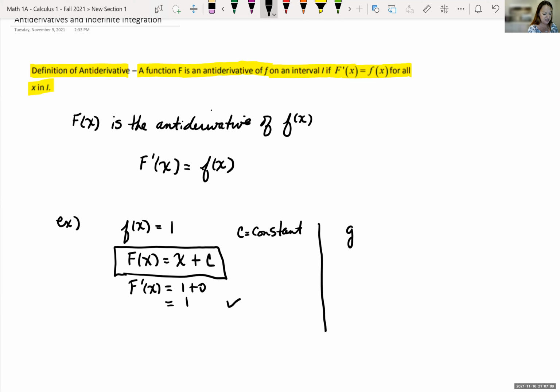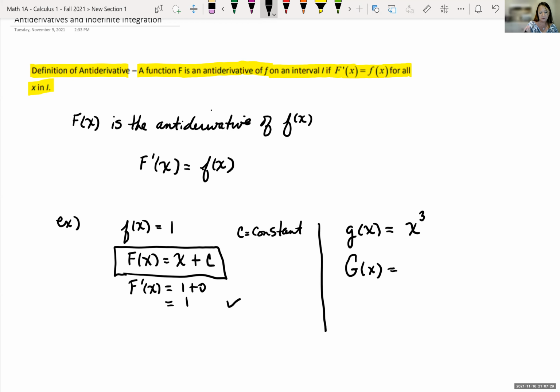So let's say that g of x was equal to x cubed. And we want to figure out, what do we take the derivative of and get back x cubed? Well, we know when we took the derivative, we got 1 less power, because we subtracted 1 from our exponent.